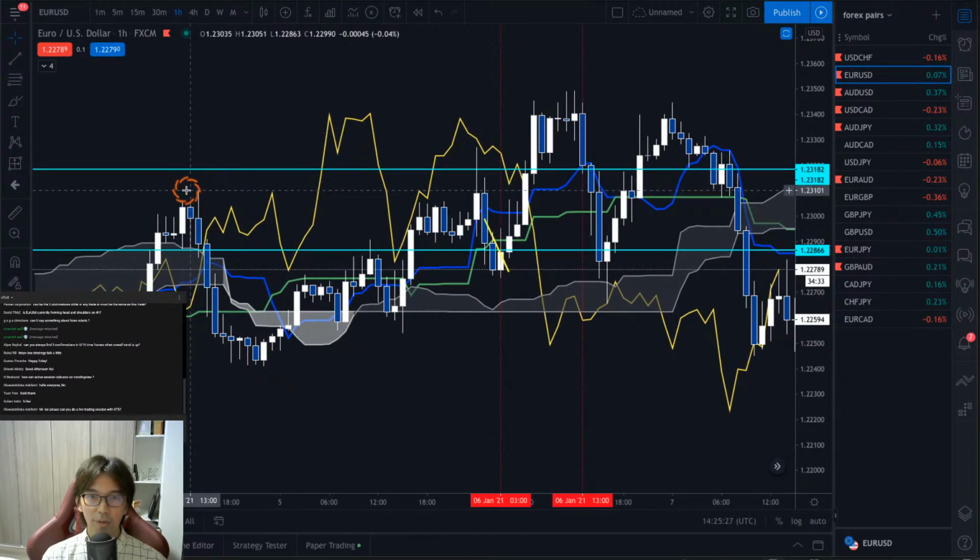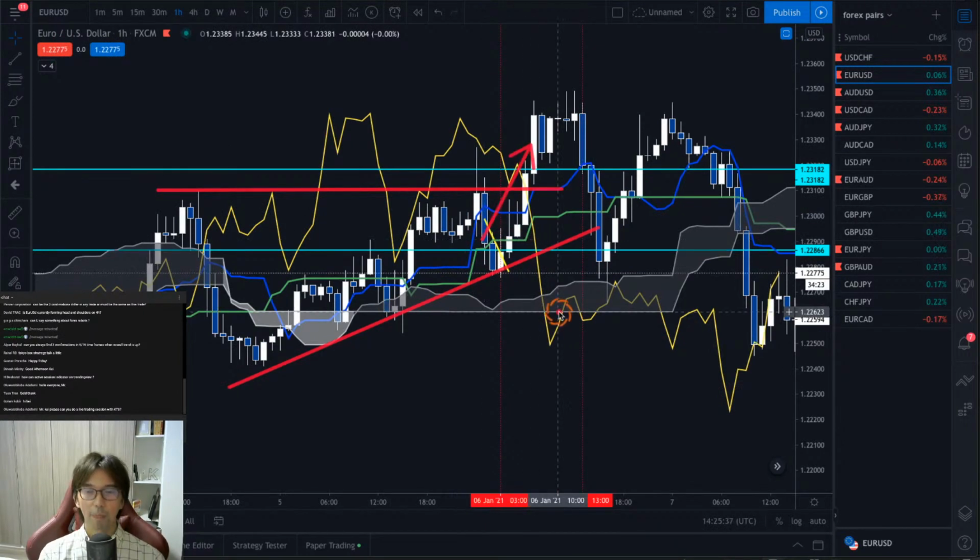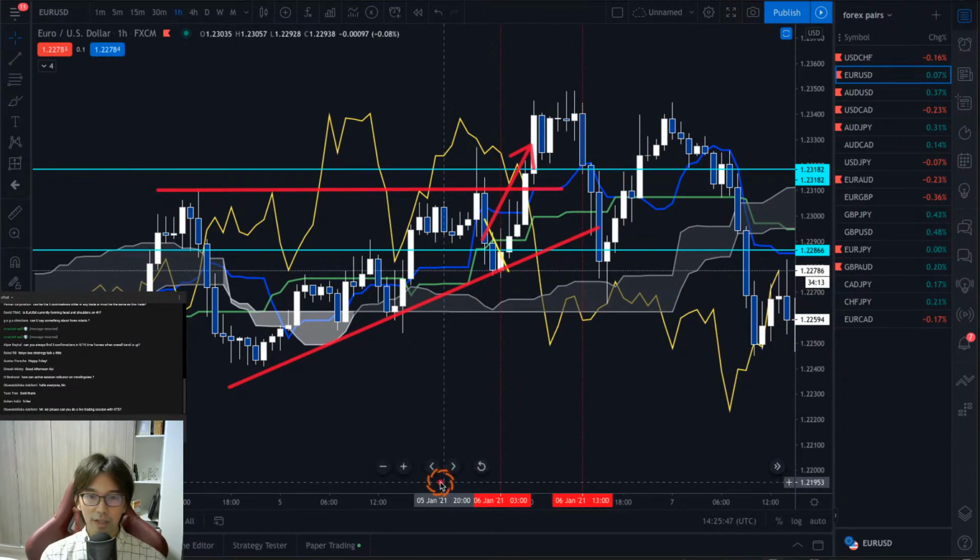I was confirming this ascending triangle, and Kijun Sen is above the Tenkan Sen, and I was expecting the market breaks upwards this way. And this was the mid time frame 1 hour confirmation. Sorry, I forgot to mention this one. So the daily chart is moving up. Daily chart is uptrending.